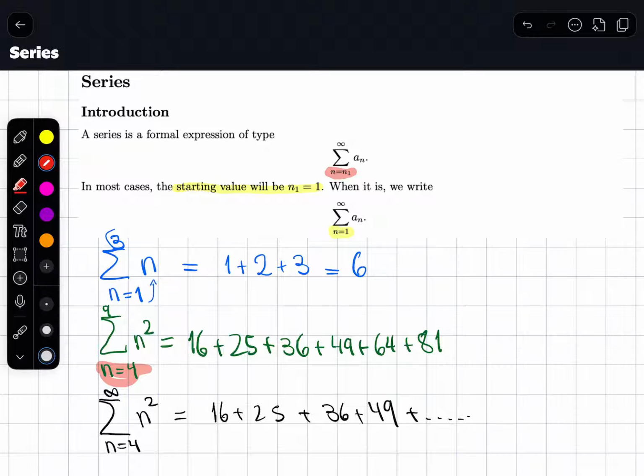In most theorems and explanations, I'm going to use n equals 1 as the starting point, but in examples, it's going to be very common that the starting term is not 1, so you have to pay attention to this. Sometimes 0 is also helpful, starting at -1 maybe, but always integers and always in increasing order. So let's discuss when those things will converge and when they will diverge.